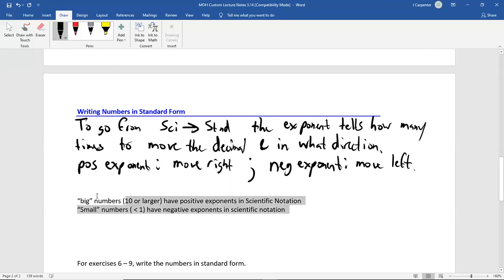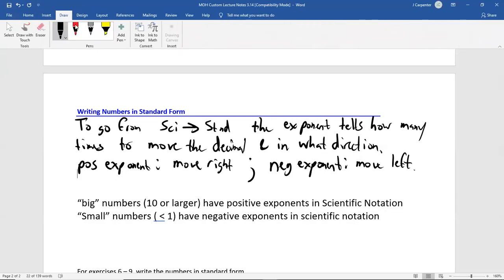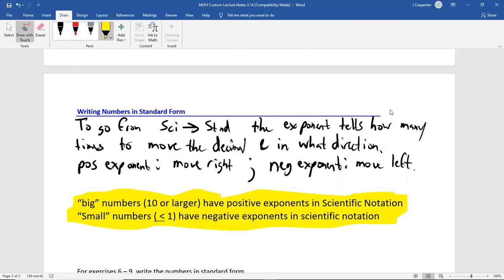I'm going to take this. I'm going to make it bigger for emphasis. I'm then going to take my highlighter and I'm going to highlight this whole thing. Because this right here is how I get every single scientific notation conversion problem right.